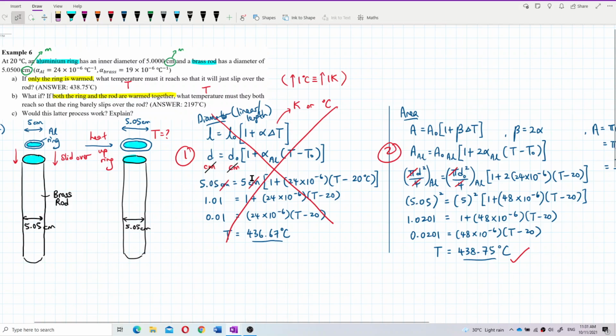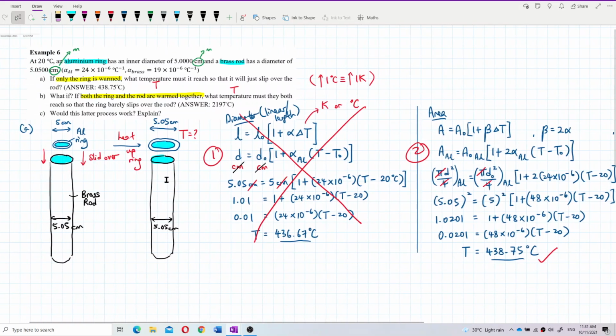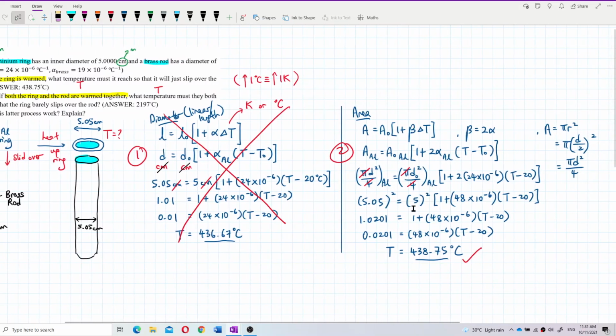It's not the diameter only. It's the area. So if you are talking about area, you need to use area. Don't just use the diameter, so you don't get a wrong answer. This one is correct.